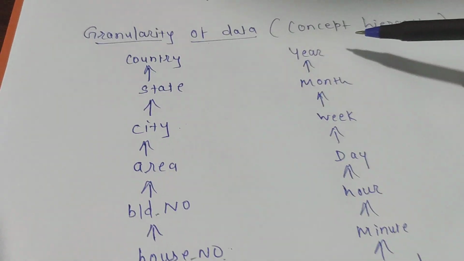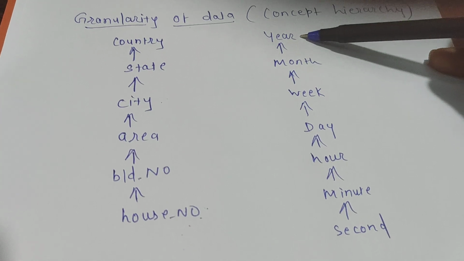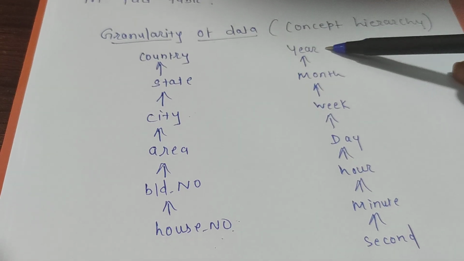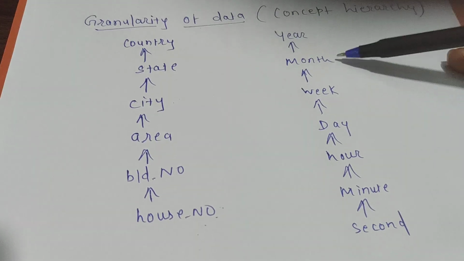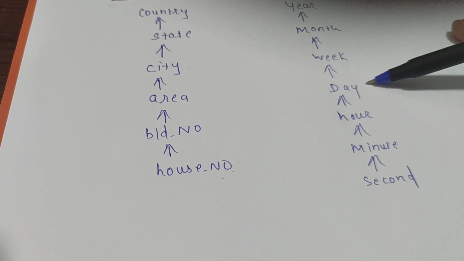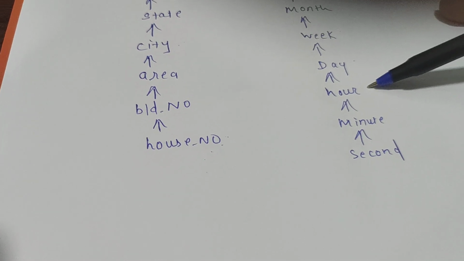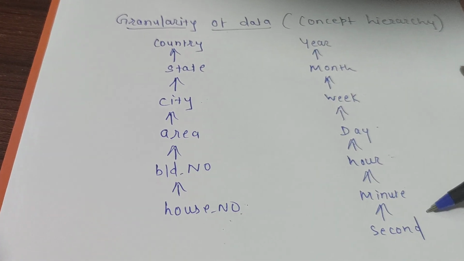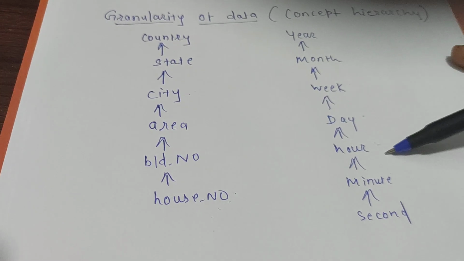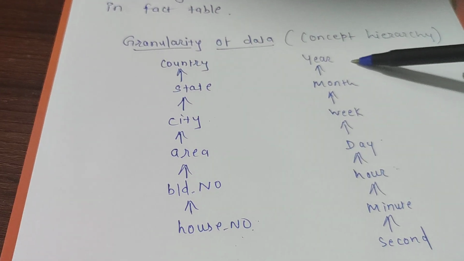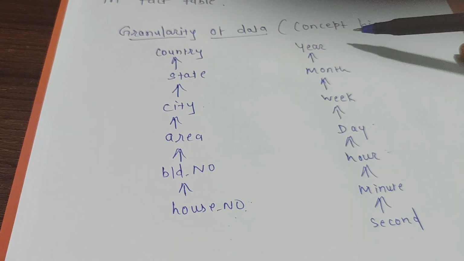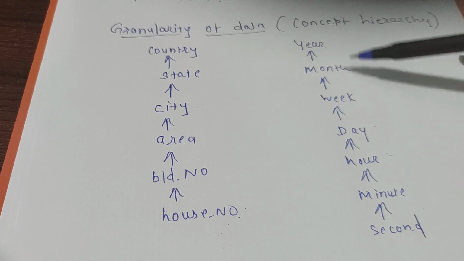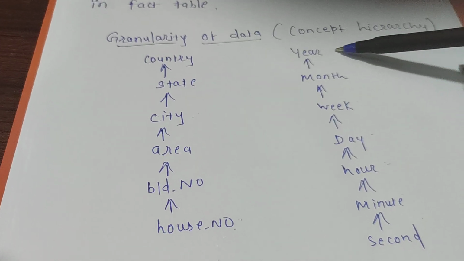In the same way, one more example of granularity. Here is less detailed information: the item is sold in the year 2019, but in which month, which week, what date, at what time, at what hour, what minute, what second. So we can store detailed information if we use concept hierarchy or granularity of data. This granularity of data we include in the dimension table to keep detailed information.